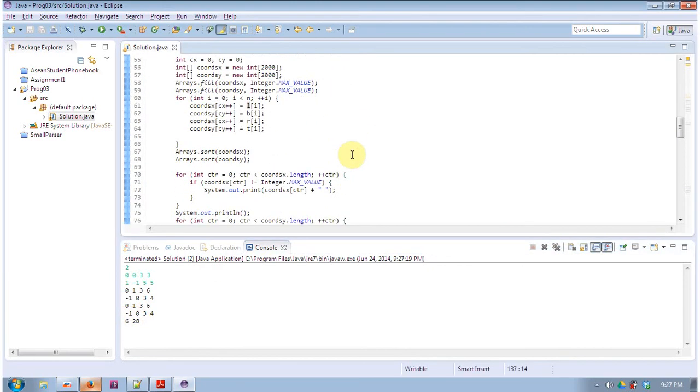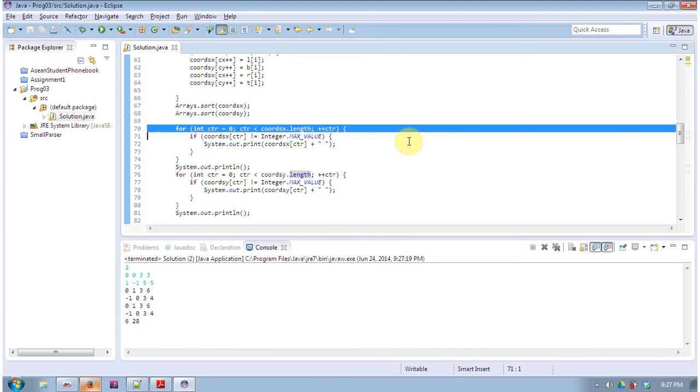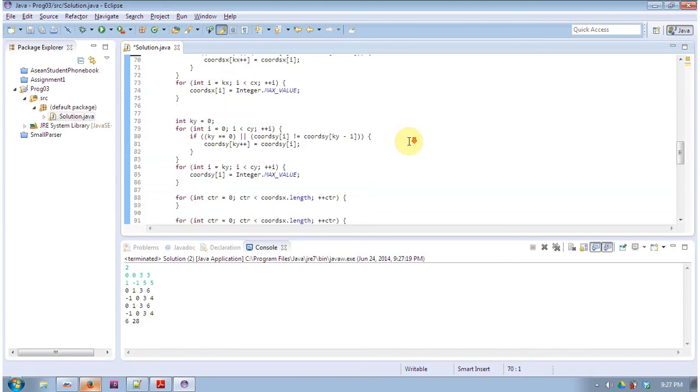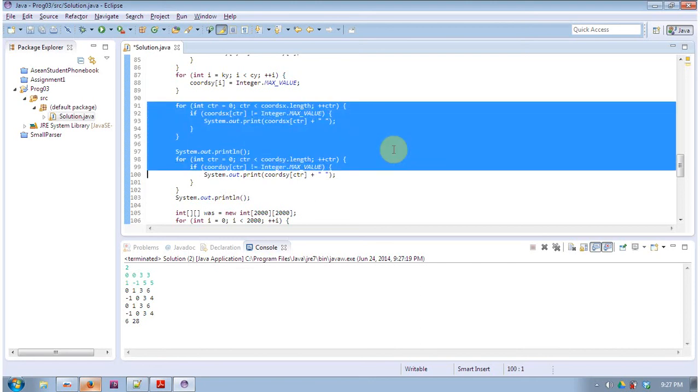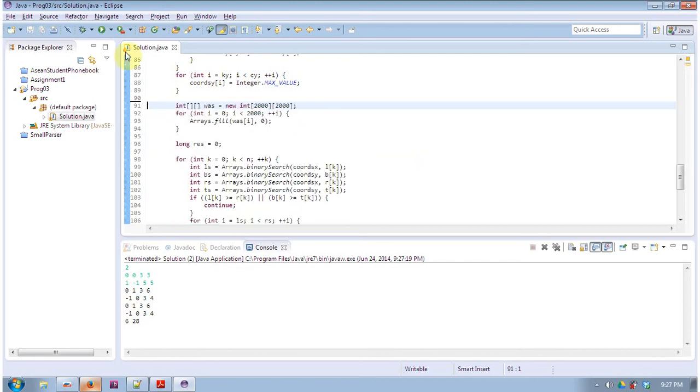So let's just delete our print line, values for print line, and hopefully not delete the code. Okay, so we have run.